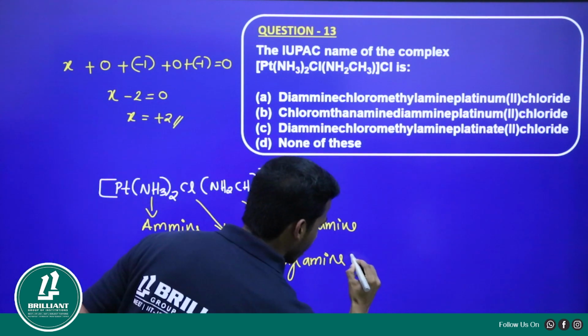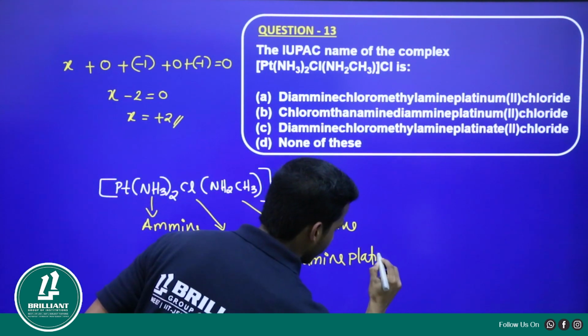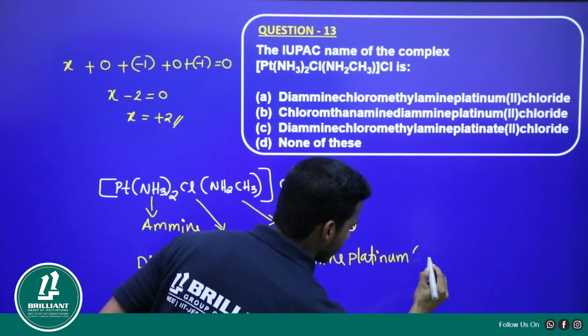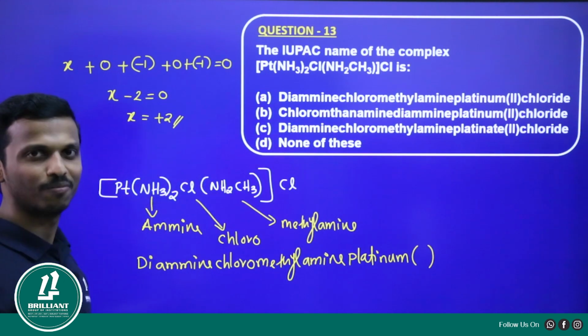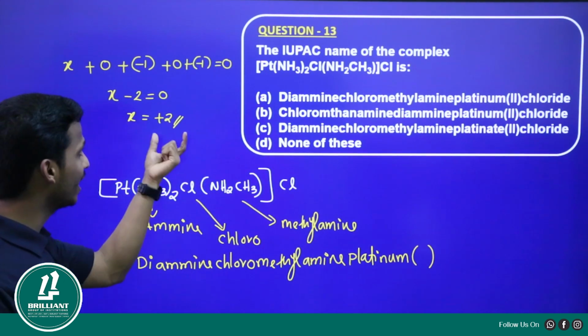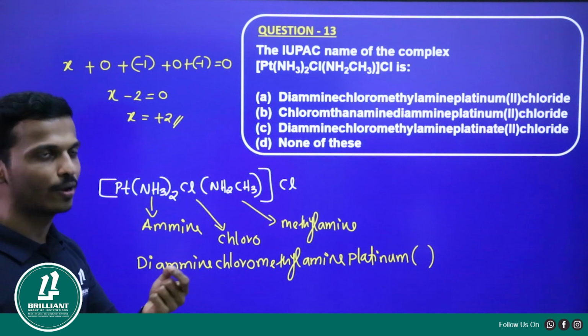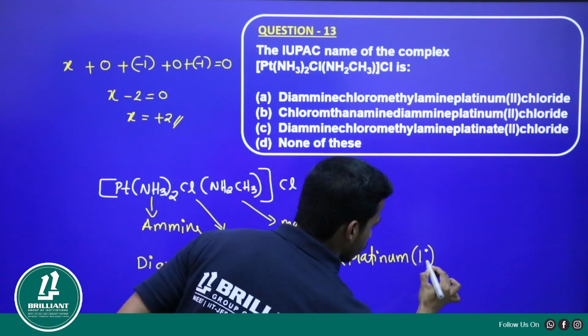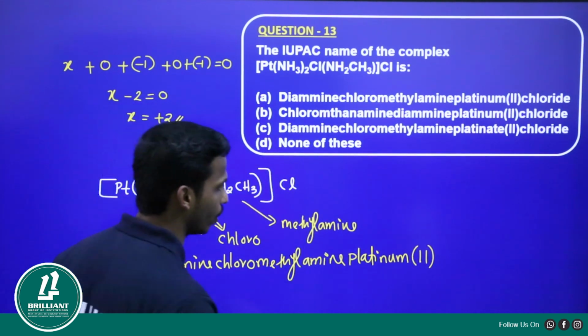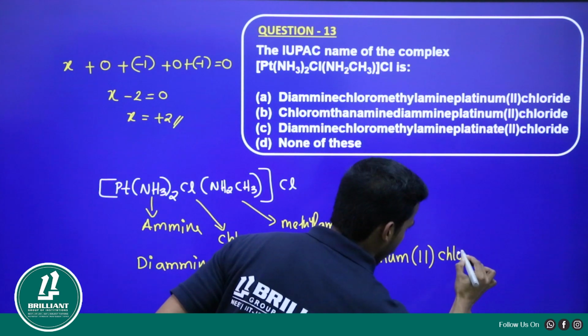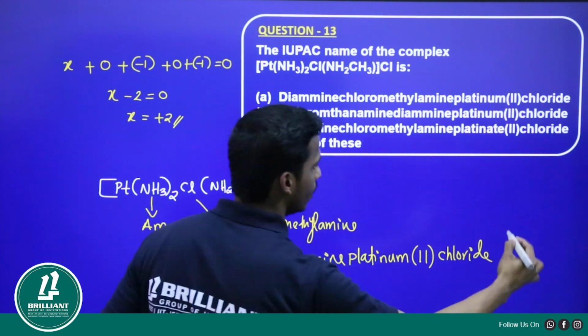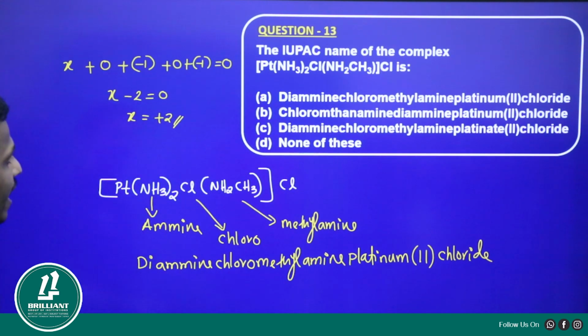So amine, then we have platinum. After the metal atom, we should write the oxidation state of the metal atom in Roman numeral. So it comes to II. And what is the counter ion? Only one chlorine, that is chloride, right? Chloride. So which is your answer?